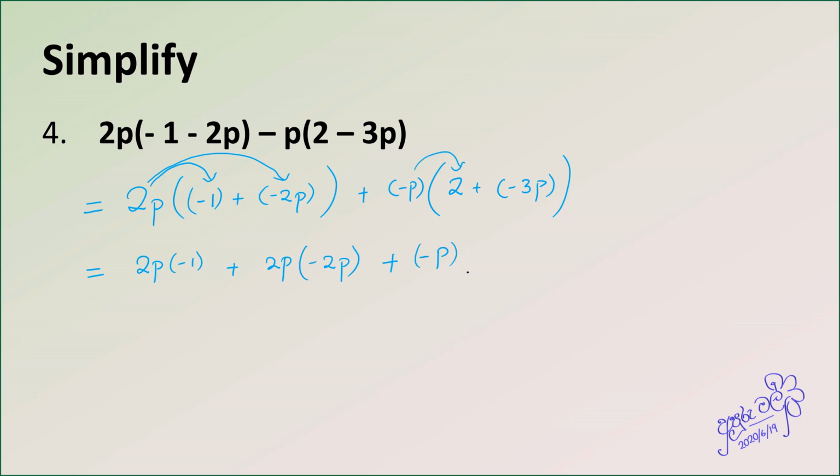Minus p times distribute to 2. And then add minus p times distribute to minus 3p. So now we have expanded all 4 terms.